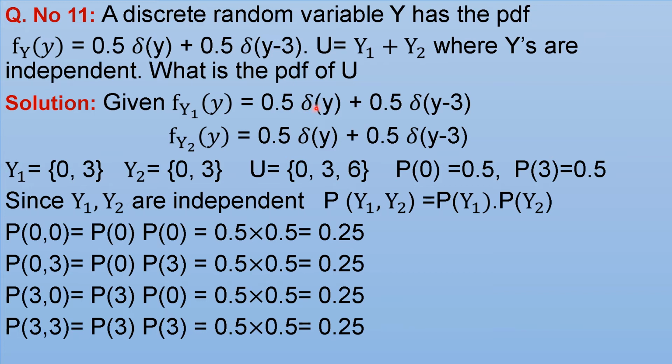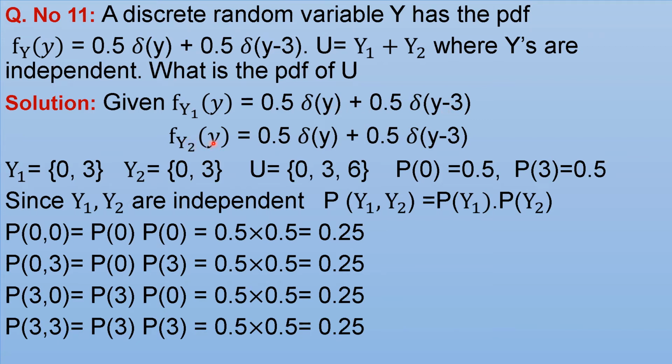In those delta factors, treat it as delta of y minus a. Whatever comes in place of a are the y1 values. So here delta of y minus 0, delta of y minus 3. So the discrete values of the random variable y1 are 0 and 3.